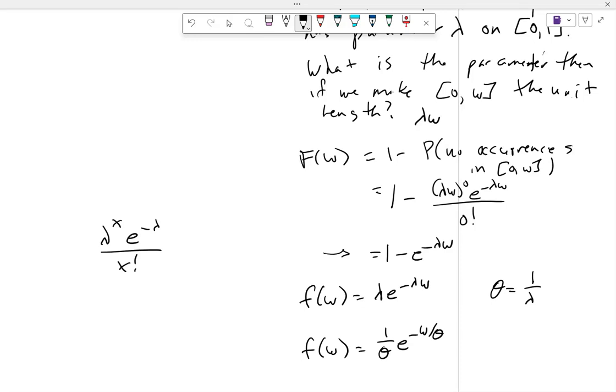This is an exponential distribution with parameter theta.